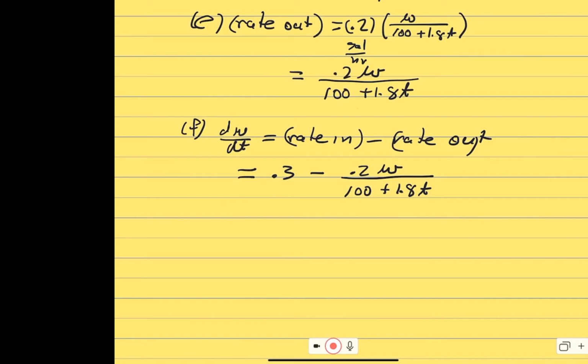So this is W prime plus 0.2 over 100 plus 1.8 T times W is 0.3.